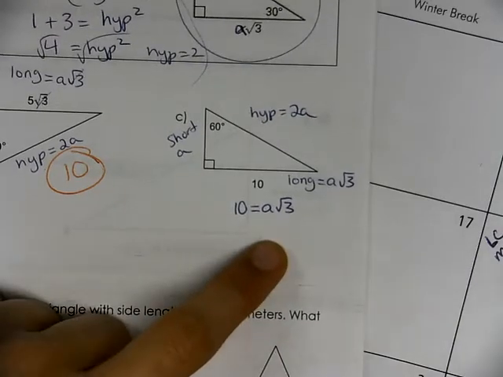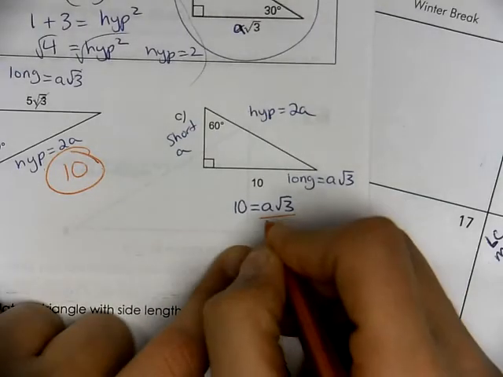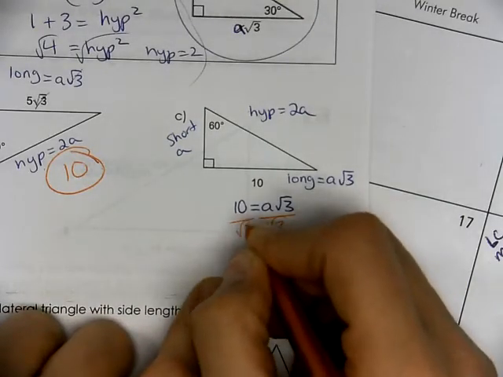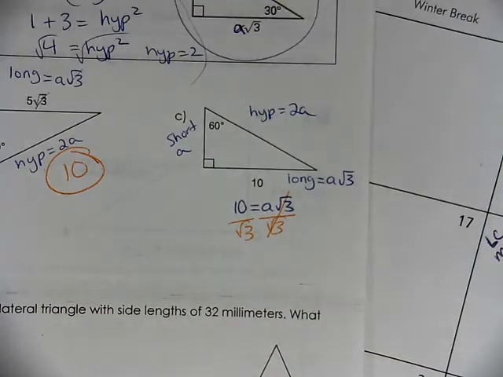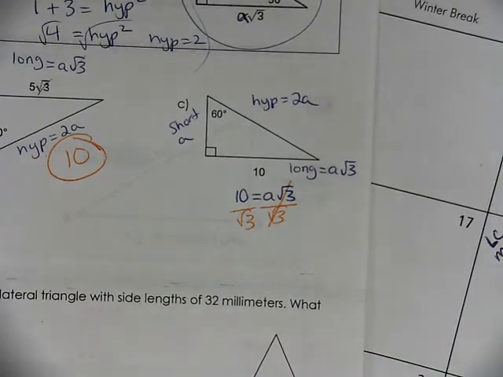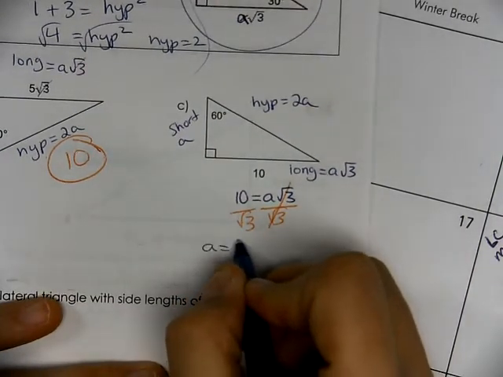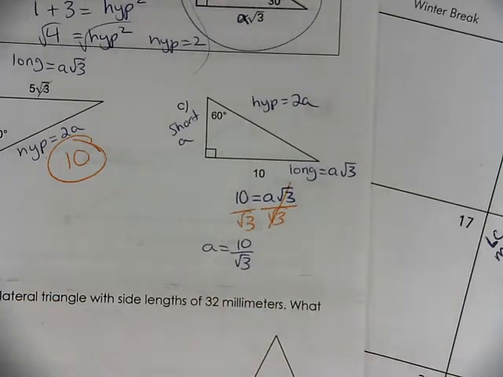I divided by root 2. Here I'm going to divide by root 3. So A is 10 divided by the square root of 3.